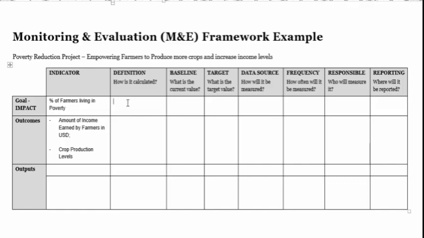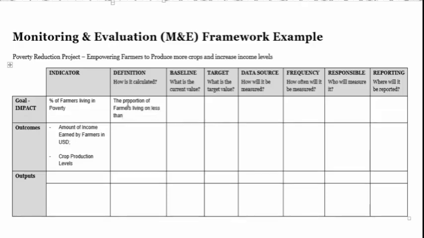That means the baseline year is 2024. Let's assume that a baseline survey was conducted that year, and here are the findings. Percentage of farmers living in poverty, 2024 baseline, 45%. Average annual income earned by farmers, 2024 baseline, $200. Crop production levels, 2024 baseline, 1,000 tons.